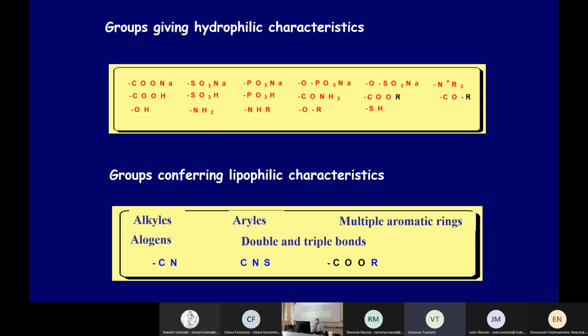Yes. You know the benzene ring is simple, only one. You can put together more than one, and then you have naphthalene, anthracene, three, and then another complex system, and so you increase the lipophilicity of the molecule.